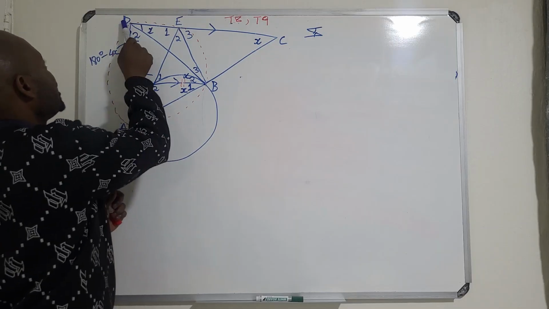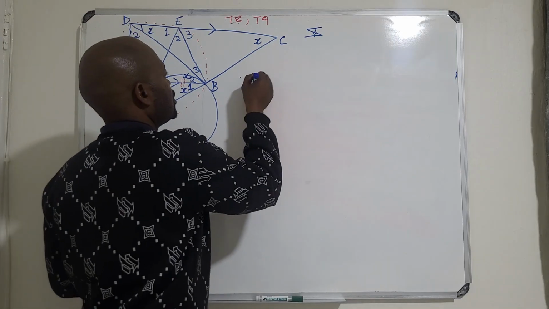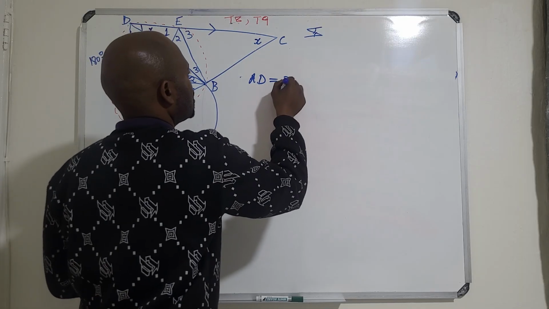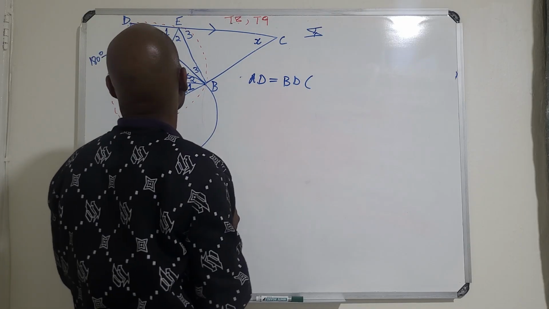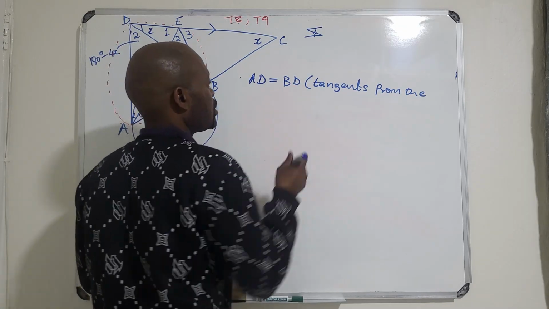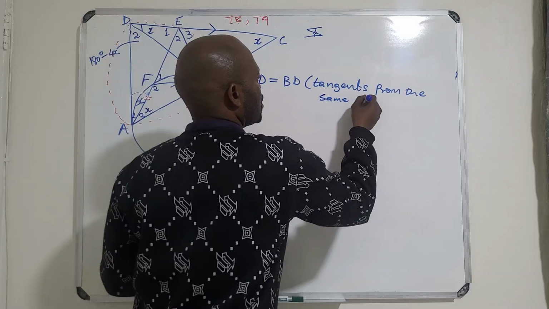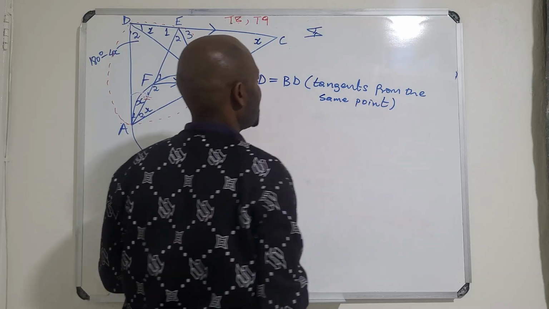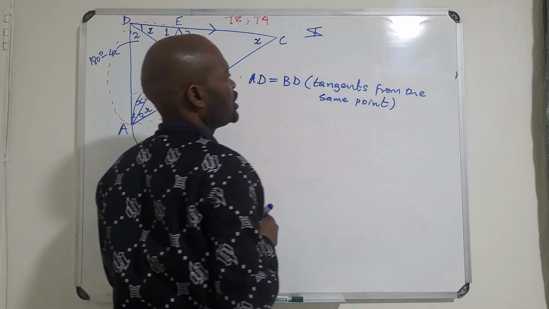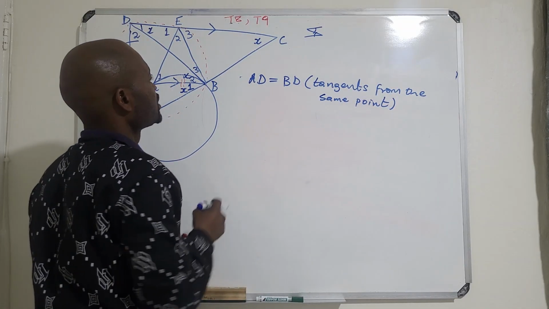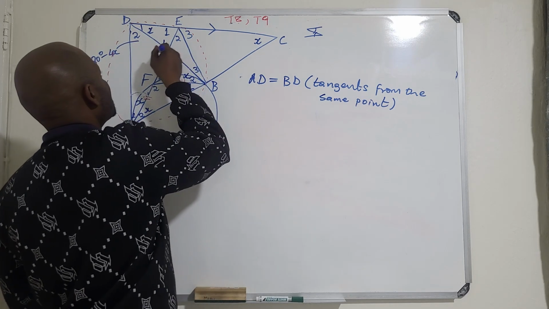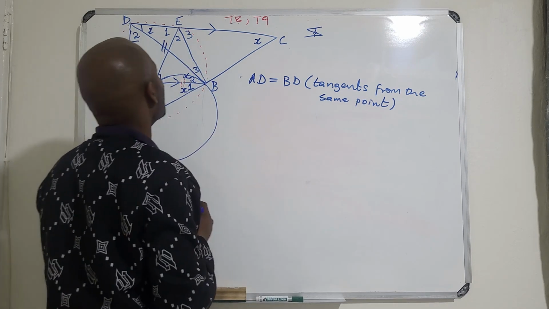Therefore, AD is equal to BD. Reason? Tangents from the same point. Tangents from the same point obviously have equal lengths. Therefore, this length is equal to that length.